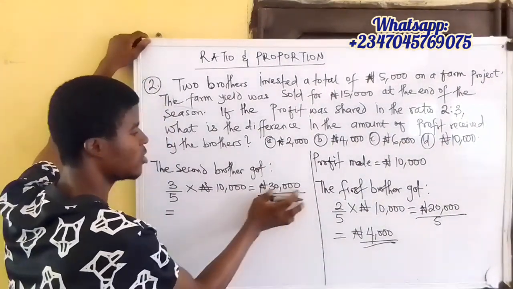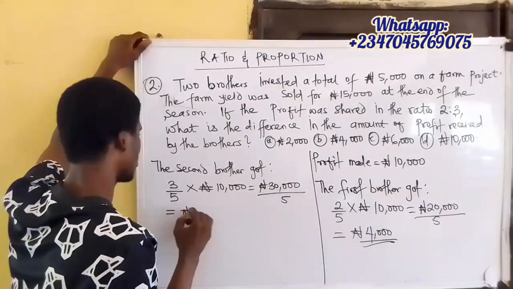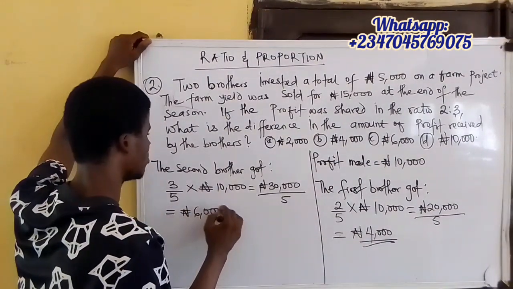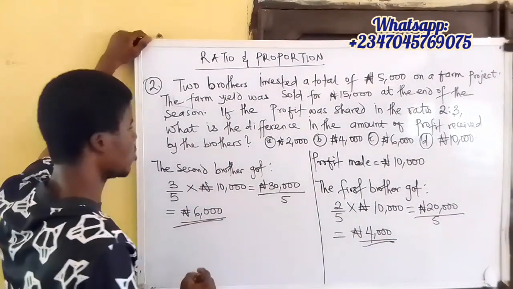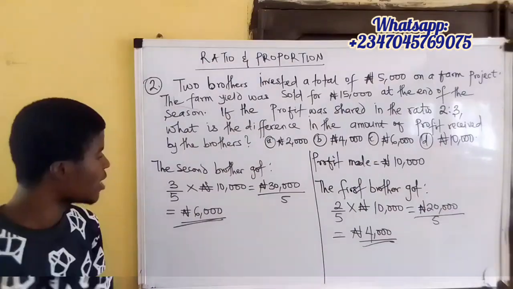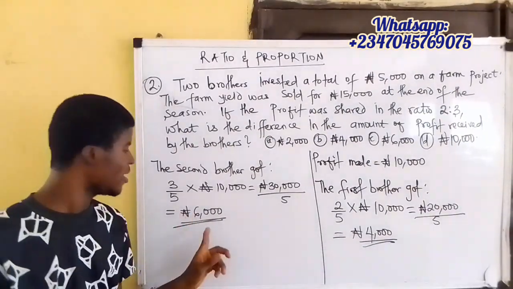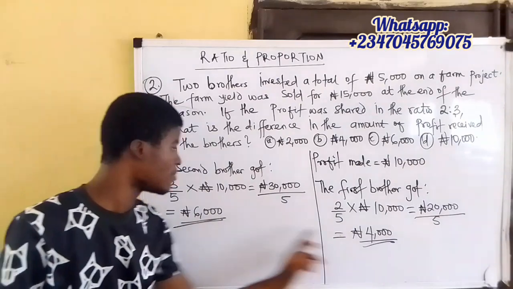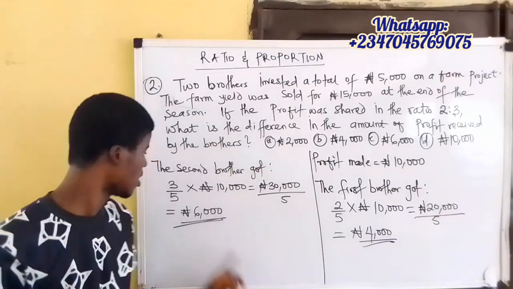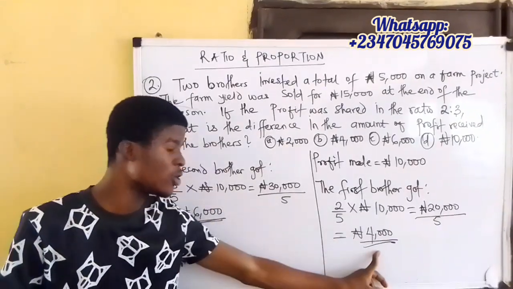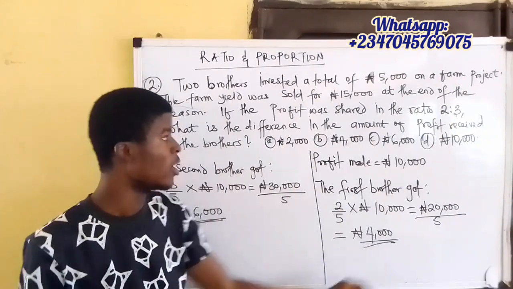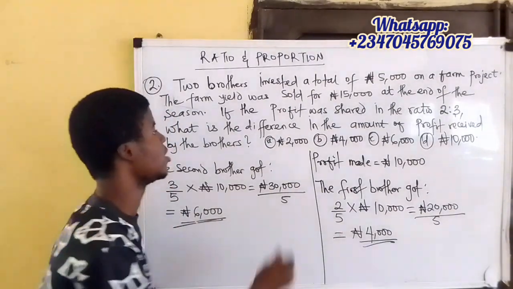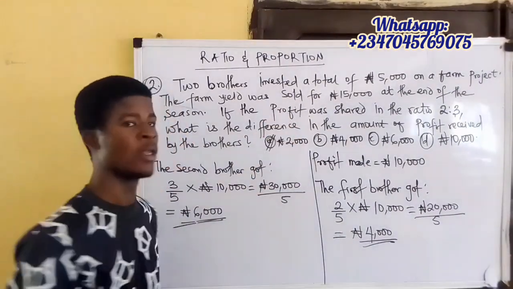And 30,000 divided by 5 is 6,000. So the second brother got 6,000 naira. So you can now see that the difference in the amount made by the two of them is 2,000 naira. That is 6,000 naira minus 4,000 naira. So the difference is 2,000 naira.